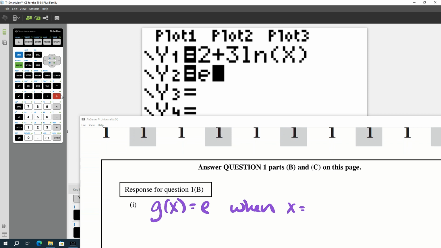So there's two ways to get e. You can do e to the first power, or just regular e is second and then division. Did you guys get 1.271?